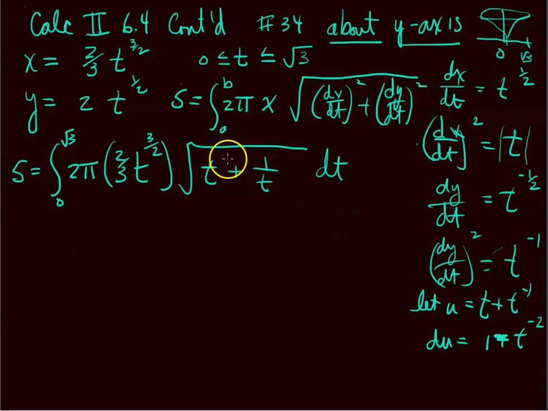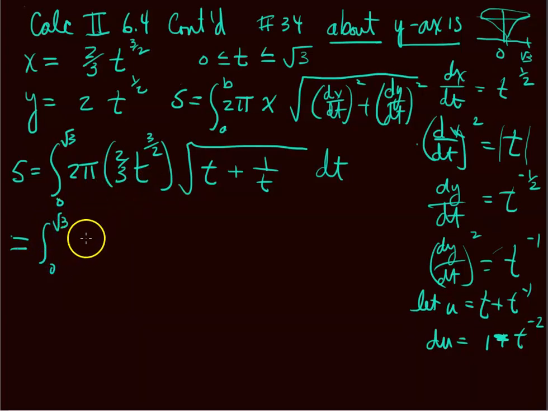Now, the reason I did that is because it always seems like we take this thing and make it our u. But when you take the derivative and get something like 1 minus t to the negative 2, and you don't have that here for part of your dt stuff, then you've got to wait. I'm not going to really use that because I've got to do a little more work with this first.